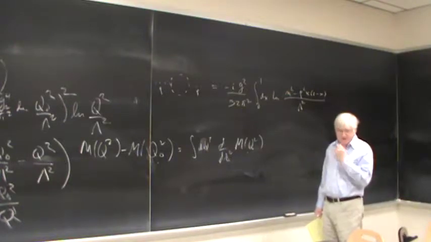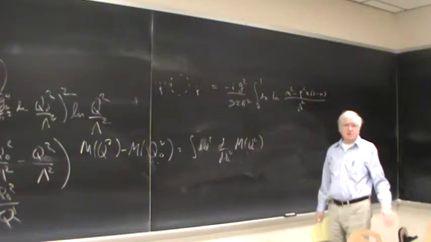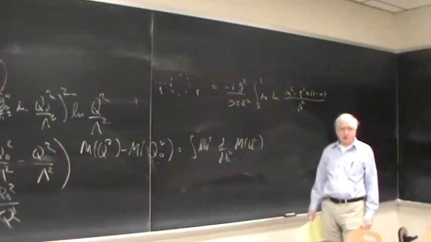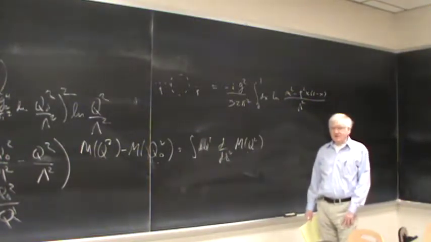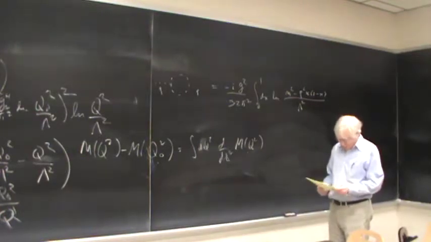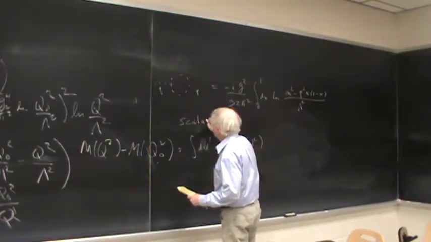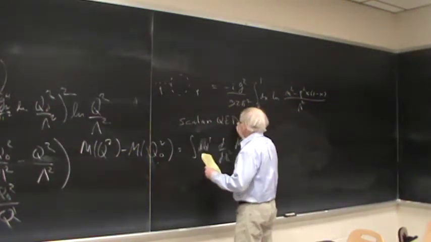What's more complicated in spinor QED is, of course, you've got these gamma matrices, so when you go to do traces, you have a problem. But that's just an arithmetic problem. All right, anyway, let's do scalar QED.